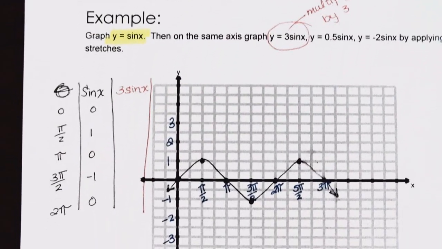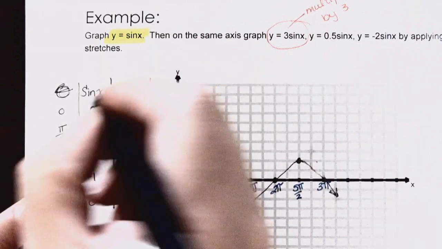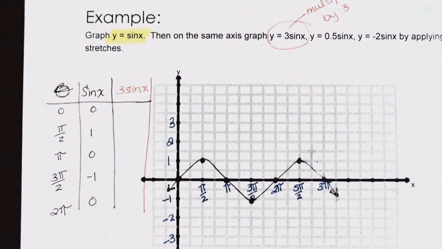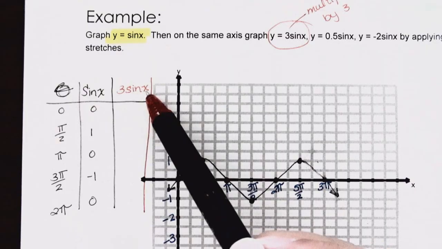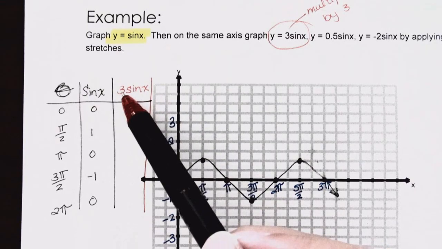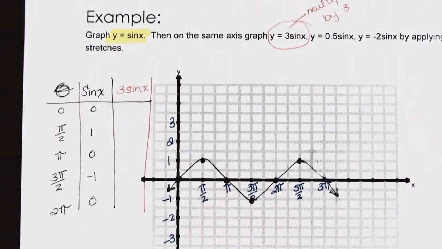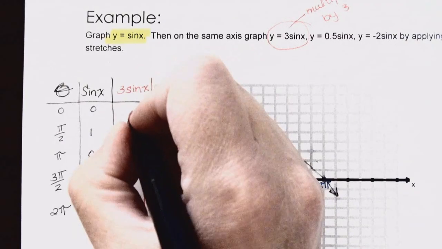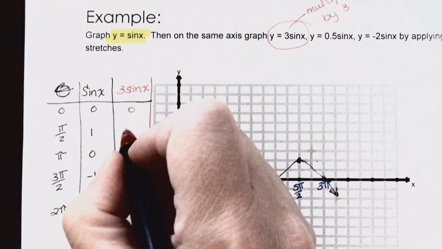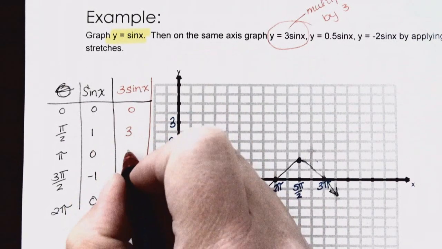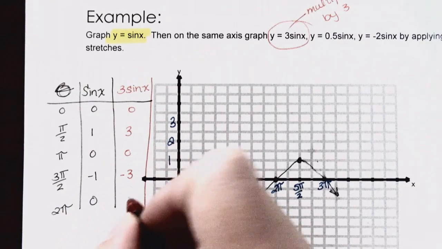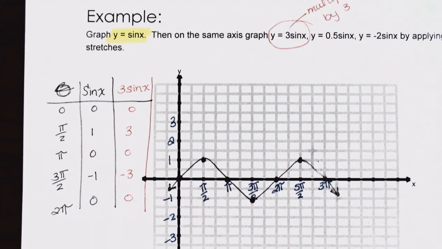All right. So we're going to use our table of values here. At 0, all I'm doing is taking the value of sine x and timesing it by 3. What's 0 times 3, everybody? 0. Brilliant. What's 1 times 3? 3, 0, -3, 0. I think confidently I probably could have done that off the graph.